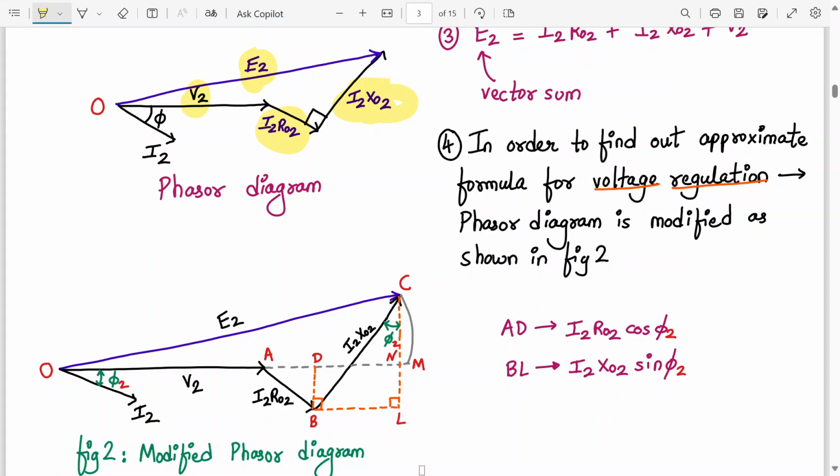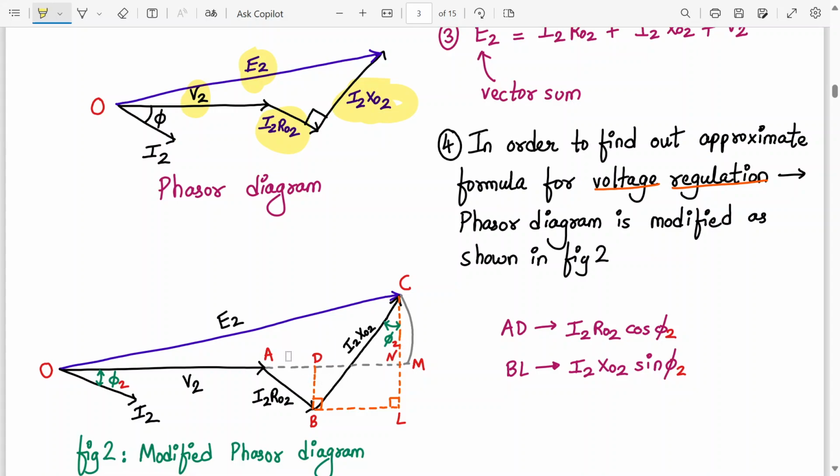Here AD, what is AD? AD we can write as I2 R02 cos phi 2. Correct? Yes or no? And BL is the opposite side of the hypotenuse, so it will be written as I2 X02 sin phi 2. Understood?